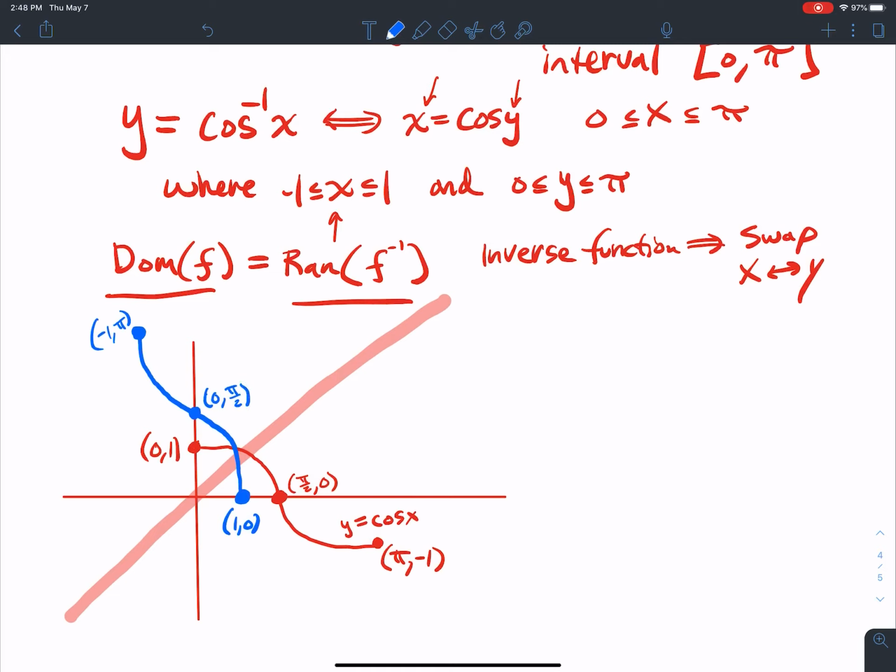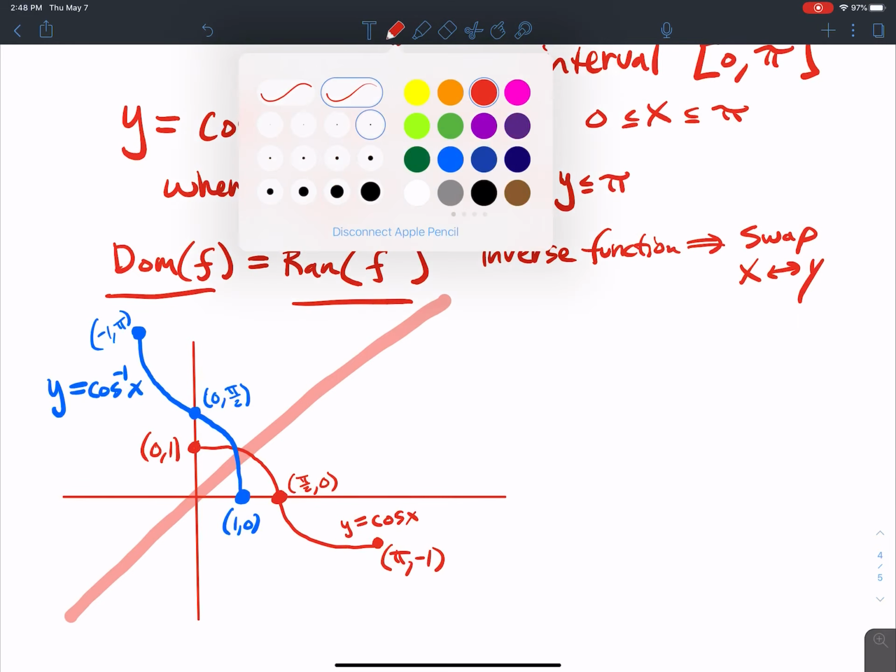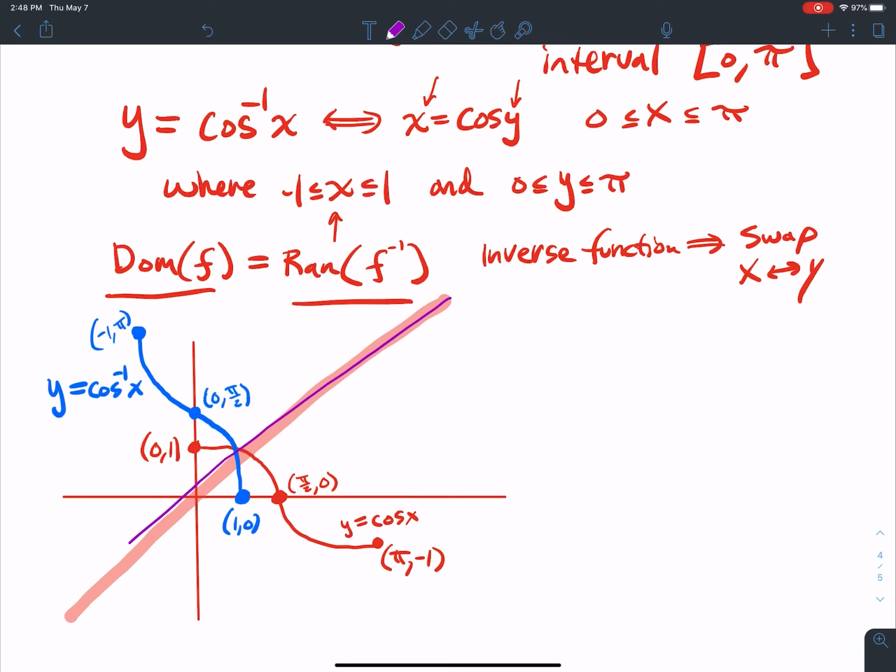That, my friends, is y equals the cosine inverse of x. So it's reflected across this line, y equals x, if I drew it correctly. I reflect across that line to get the inverse, because I'm swapping my x with my y value.